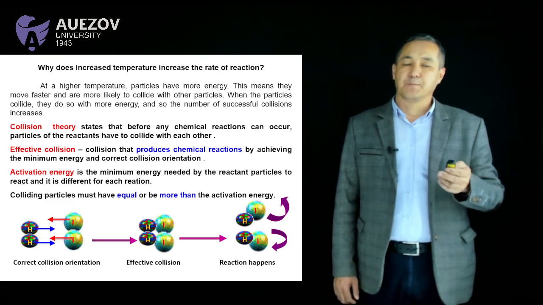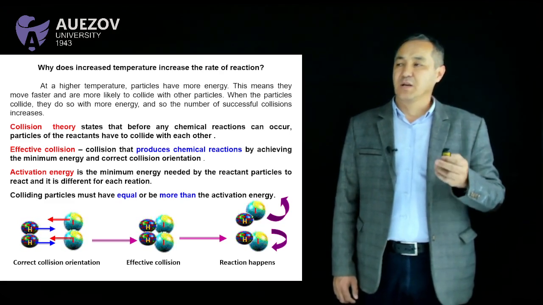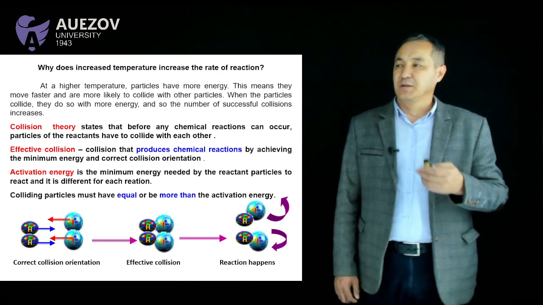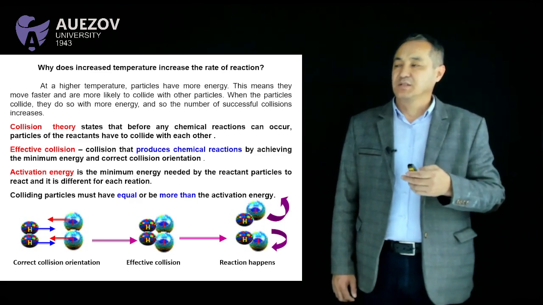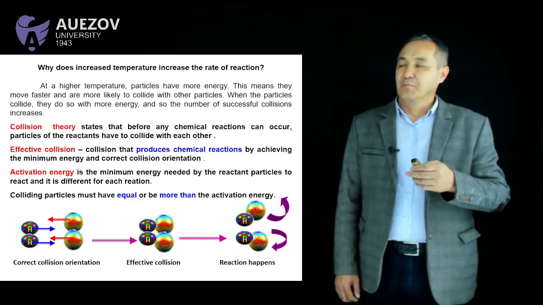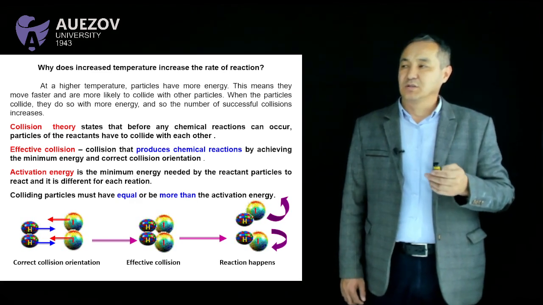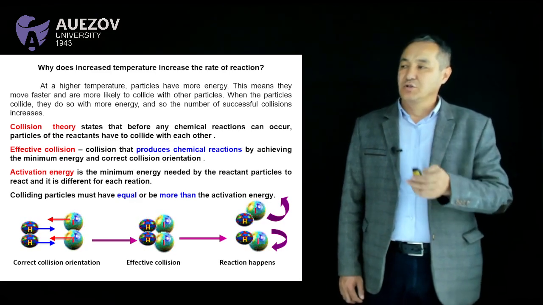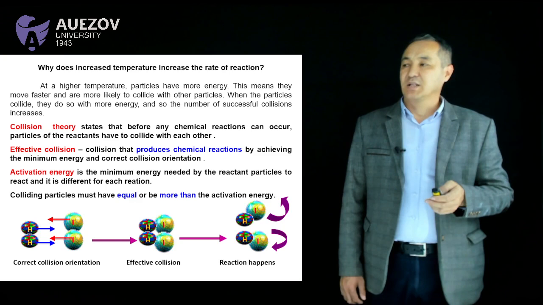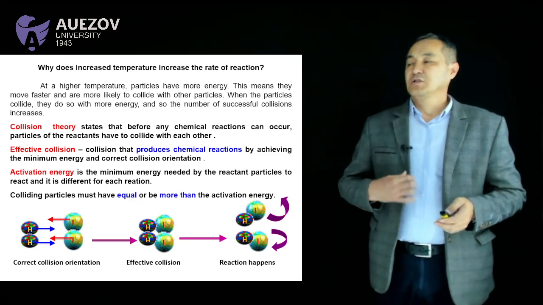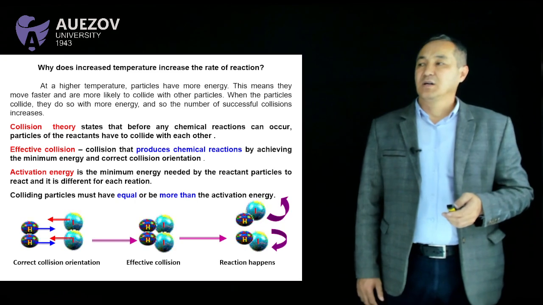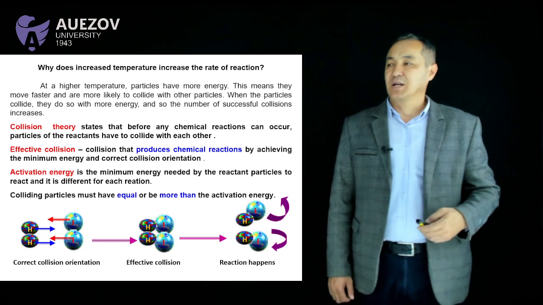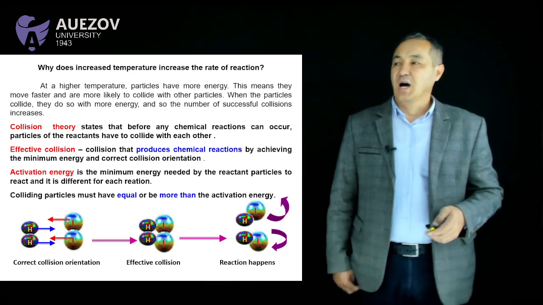The rate of chemical reaction can be affected by various factors. There are collision theory, effective collision, and activation energy. Collision theory states that before any chemical reaction can occur, particles of the reactants have to collide with each other.